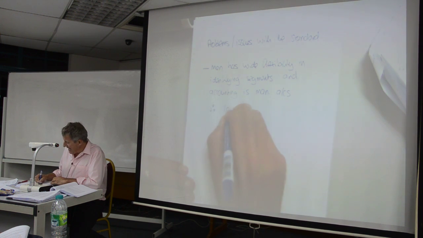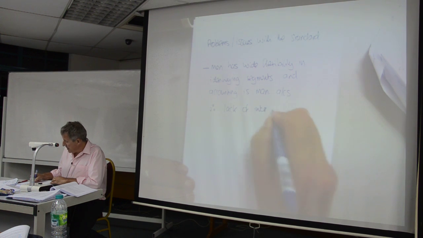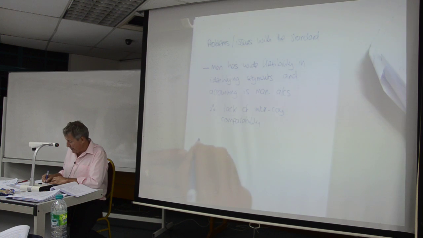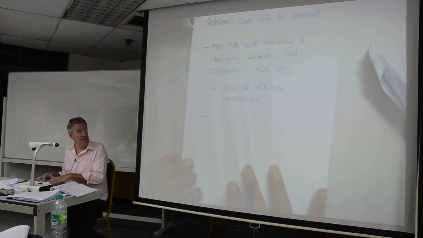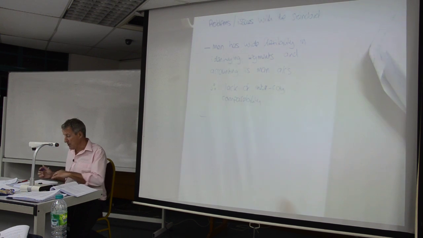Therefore, there is a lack of intercompany comparability. It really, from a user's point of view, causes us a problem if we think we can readily compare one company with another.